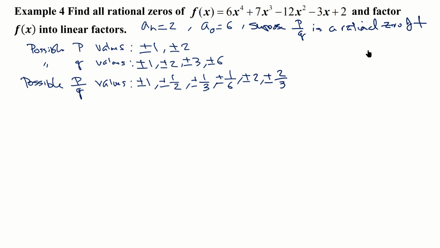So let's go ahead and just start with 1. Let's see if 1 is a zero of this polynomial. So that means we're going to do a synthetic division by dividing this polynomial by x minus 1. So we're testing x equals 1.